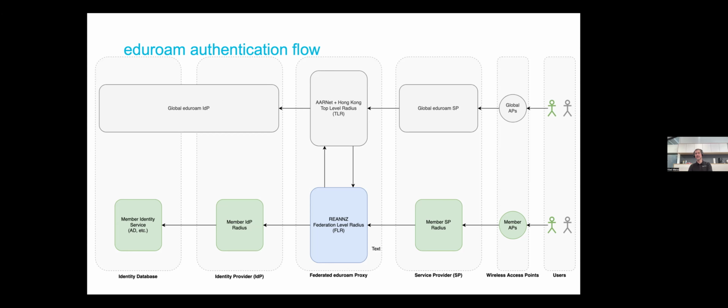The authentication request for connecting to Wi-Fi is passed to the SP server operated by the member, and using the RADIUS protocol, it talks to our federation level RADIUS, and then if it's a New Zealand user, directly to their member IDP RADIUS, and then to their directory service.